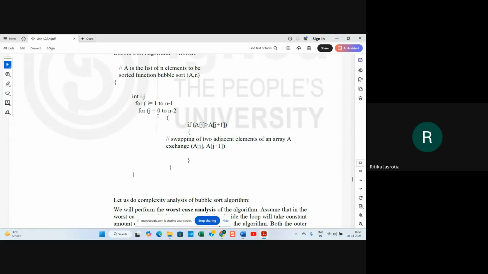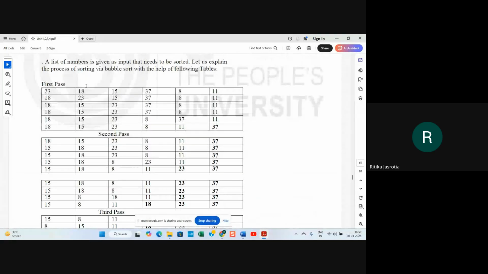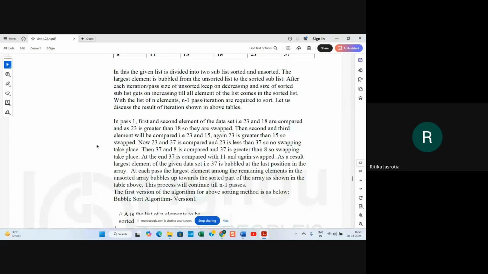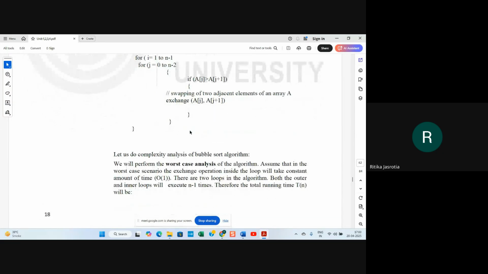When the inner loop is complete, you go to the outer loop again and increment, and then you start comparing in the inner loop, and again in the next pass the outer loop is incremented. This way your loops are working, comparing and exchanging the values. That is what bubble sort does.